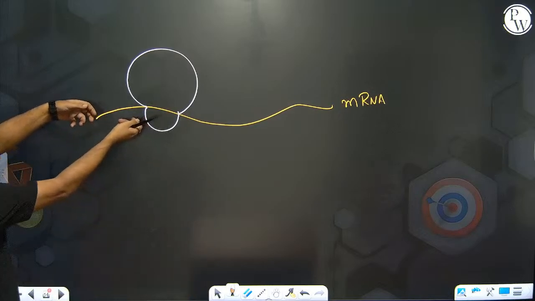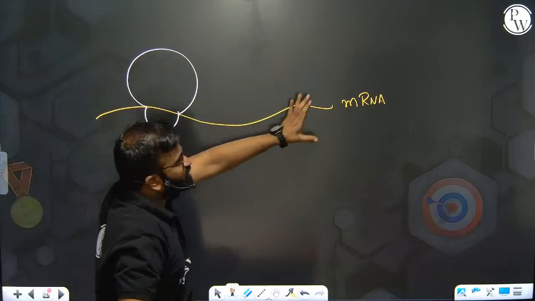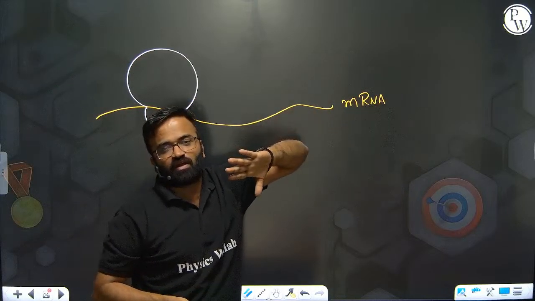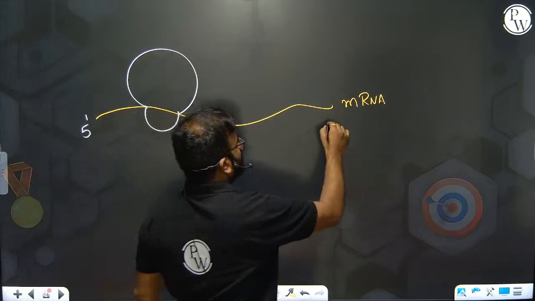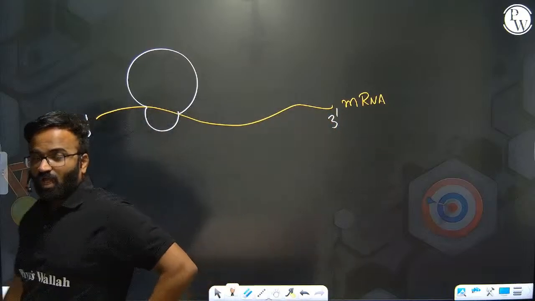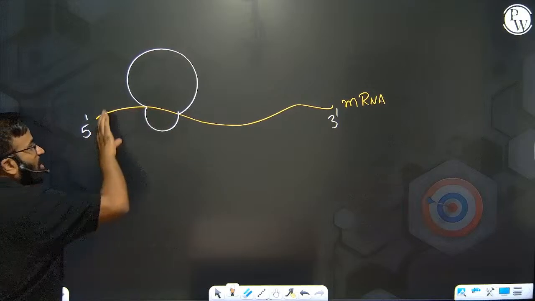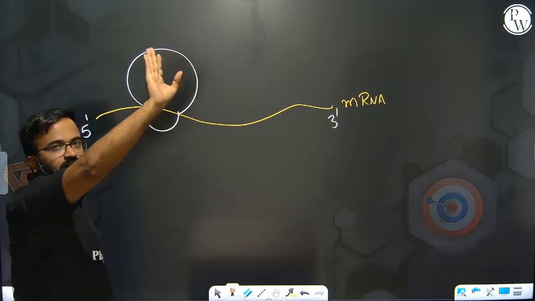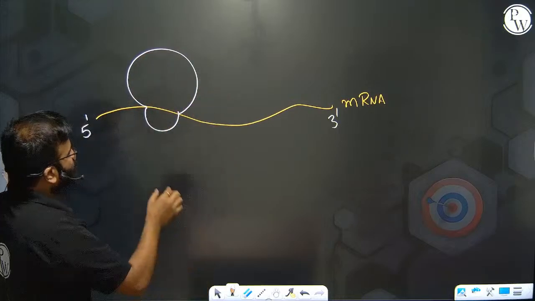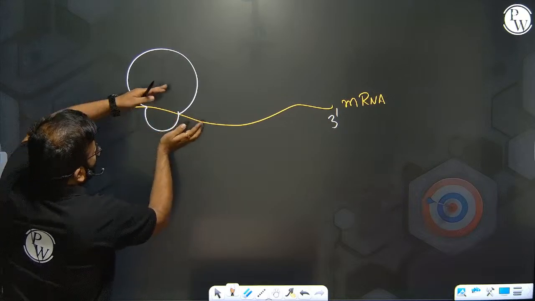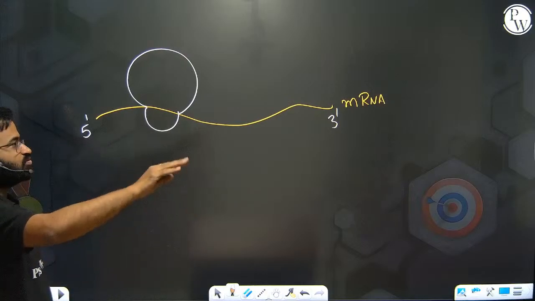Will the mRNA be pulled through the ribosome, or does the ribosome glide along the mRNA? Give me your answer. Hello? Obviously, the ribosome moves along, one codon at a time. So it occupies 2 codons, and then it moves 1 codon at a time. So it is the ribosome that moves along.